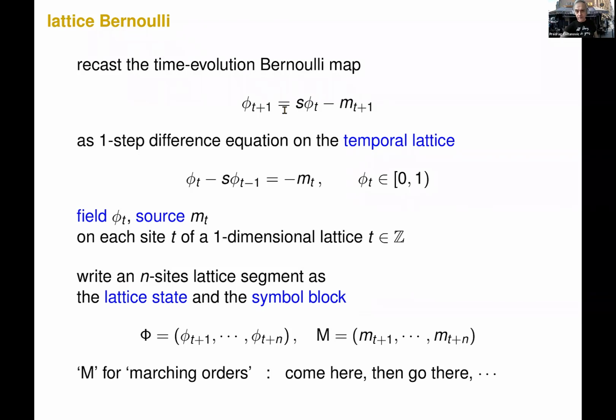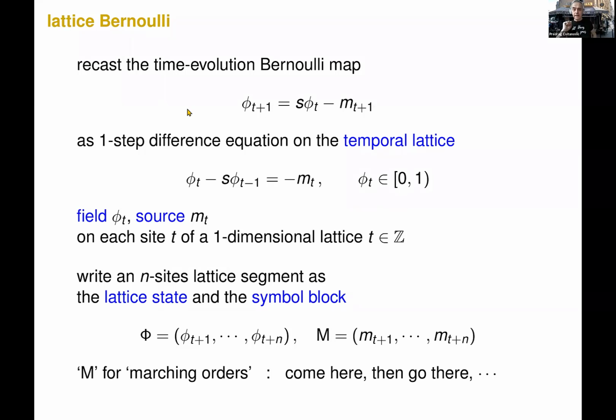So the time evolution, the Bernoulli map, says I have some initial state phi, and then the law of motion tells me what the next state is. And if it's outside of the unit interval, I have to subtract the integer part of the result. And let me just move this to the left-hand side. Now, this is called a one-step difference equation.